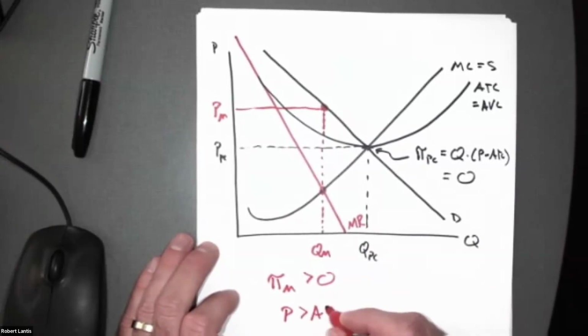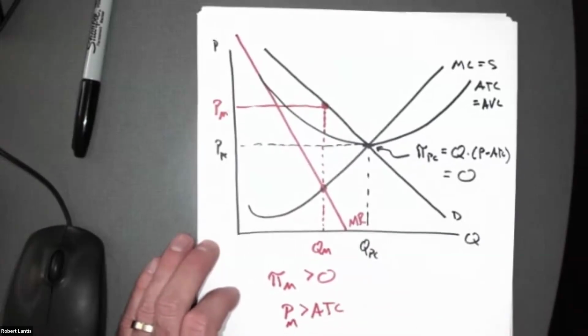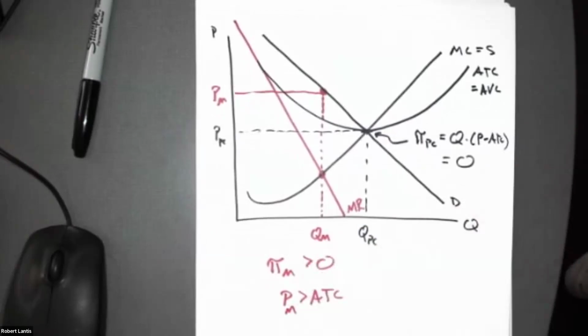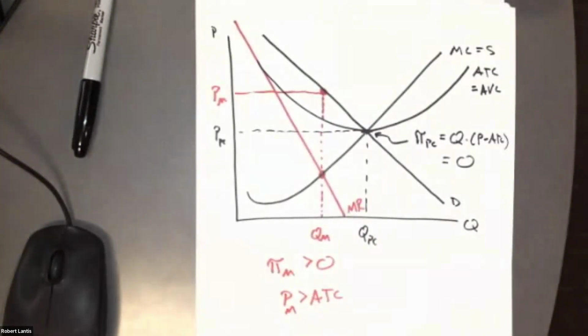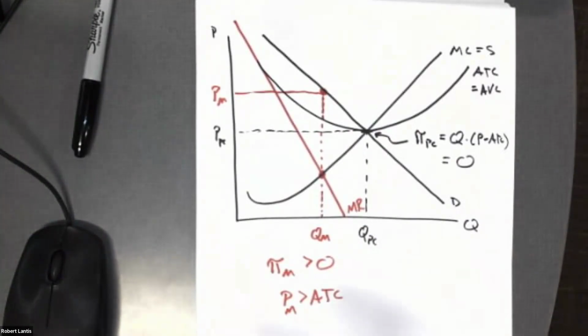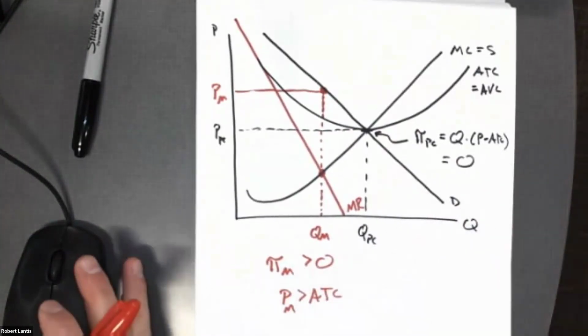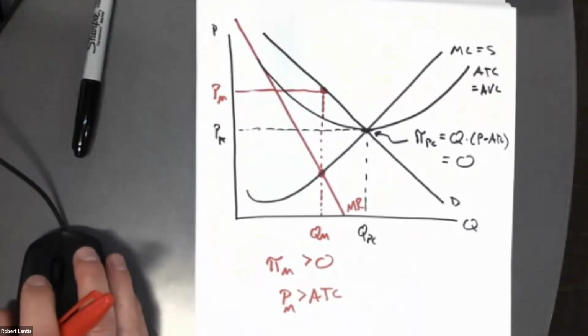The price they're charging will always be above their average total cost at that profit maximizing point. Any questions on that idea? So positive profits compared to zero, even in the long run for a monopolist.